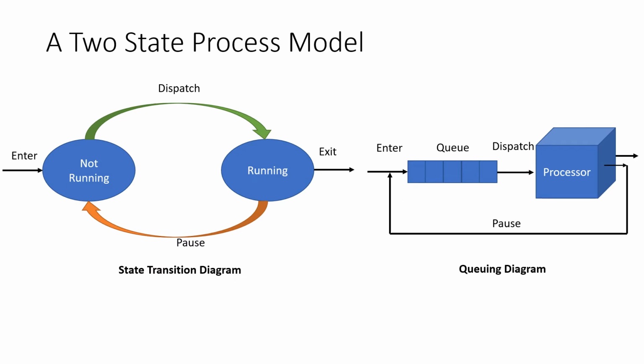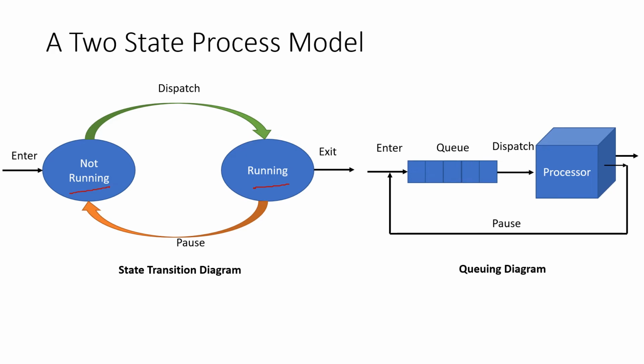Now we'll see a two-state process model. Controlling the execution of the process is the main responsibility of an operating system. In this model, a process may be in one of two states: either the running state or the not running state.